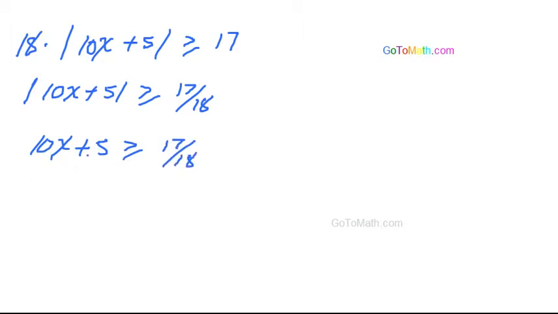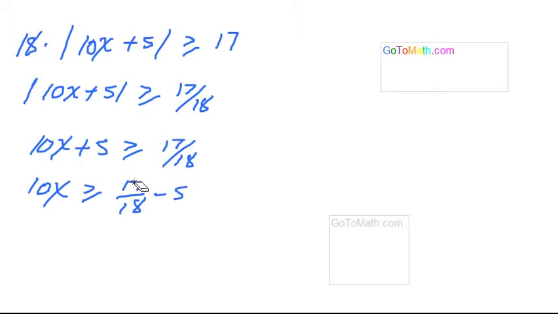And we'll take that 5 to the other side. 17 over 18 minus 5. And that 17 there kind of morphed into some other weird symbol. How's that? Okay.